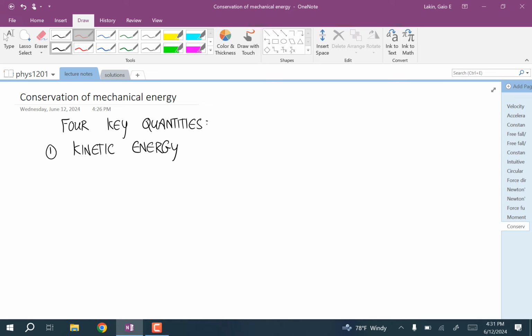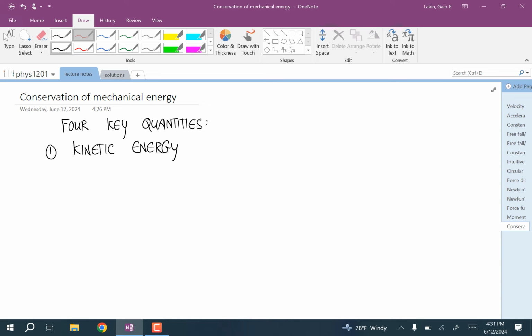Kinetic energy is the one that we've already seen because in elastic collisions for conservation of momentum, we used the fact that the total kinetic energy was unchanged by the collision. And I'm going to always represent kinetic energy as the capital T.